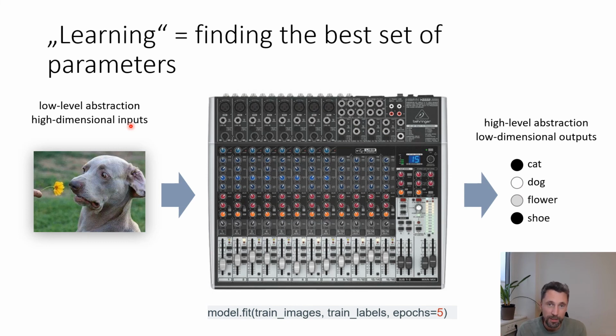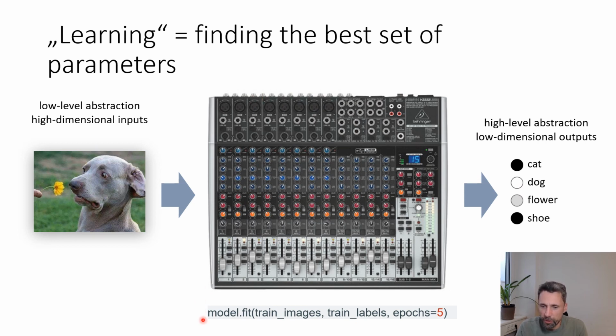But that doesn't make any sense because we haven't yet talked about how we can optimize those parameters to minimize the overall error over a given data set. Learning always means let's find the best set of parameters, and those parameters are here visualized by those knobs on this mixing device.